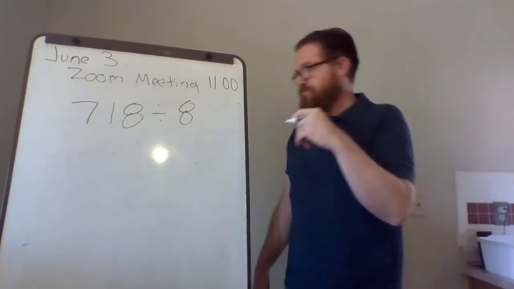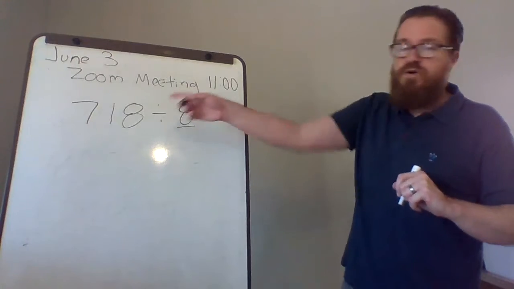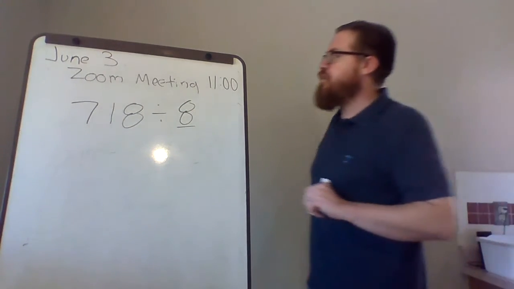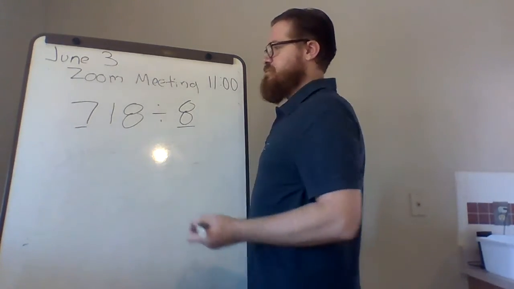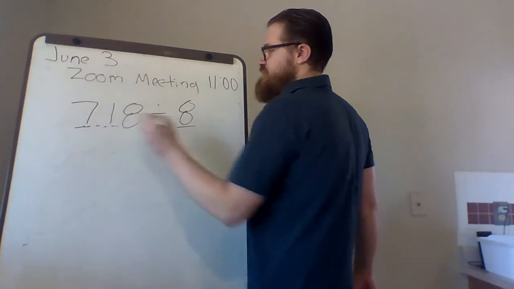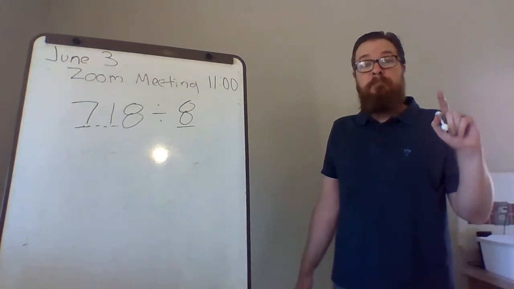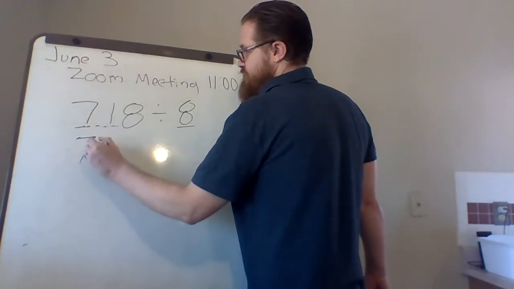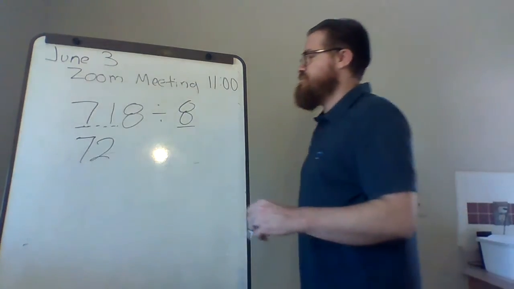So here's what I do. I take the number I've got, my divisor, and then I look at my dividend. And I'm looking for a multiple of 8 here. Is 7 a multiple of 8? That won't really work. So let me put the first two numbers together. 71. Is that a multiple of 8? No, it's not. But 71 is very close to 72, and 72 is a multiple of 8.